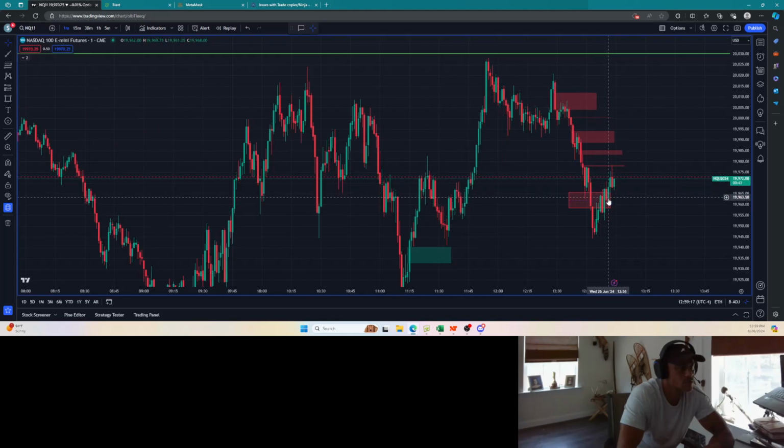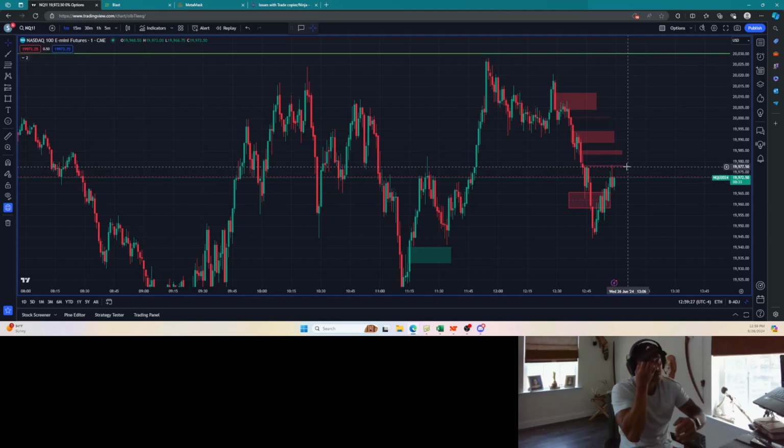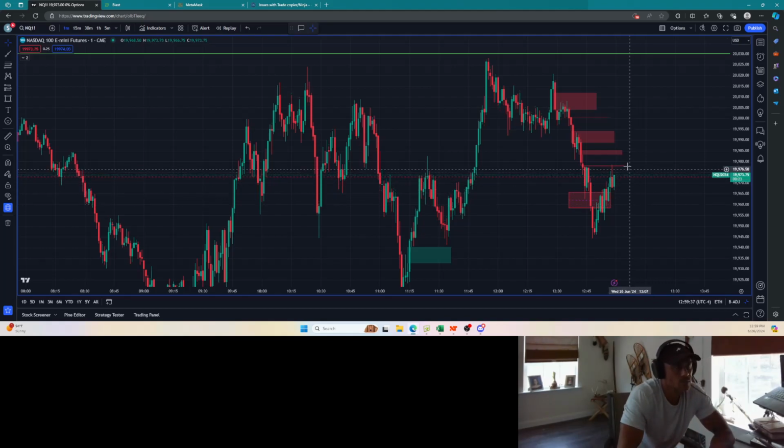When they retraced back into it, I would have gone long, and it would have hit my limit right there. They rejected right off those equal highs, so that's a good place to trim or get out, depending on what you're doing. If you're passing an eval, you would have passed. If you have runners, trim there, and if it breaks out, cool, it'll keep going, and you look at the next set of highs for a target if it keeps trending.